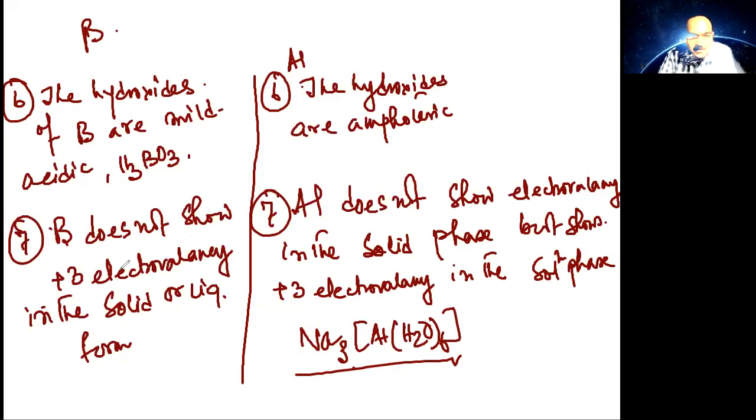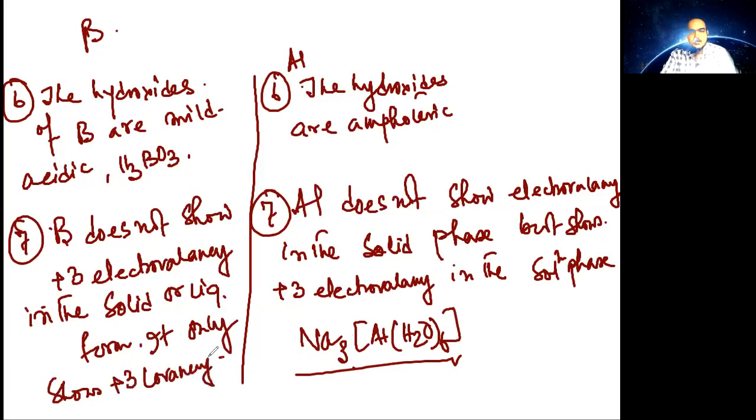Boron does not show +3 electrovalency in the solid and liquid form. It only shows +3 covalency. Okay, this is number 7.